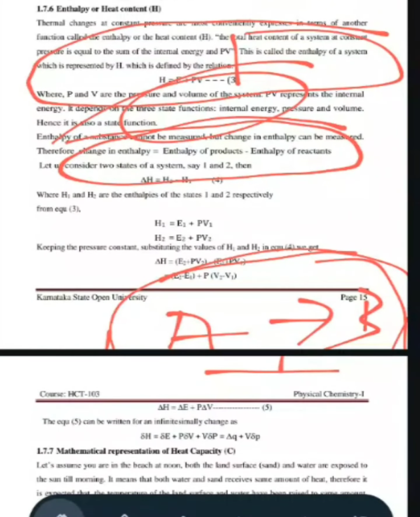And delta H is equal to H2 minus H1. H2 is the enthalpy of the product and H1 is the enthalpy of the reactants. Whatever initial state reactants we have taken can be denoted as H1 here.